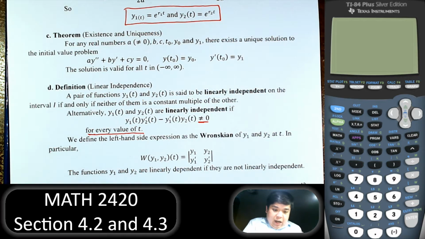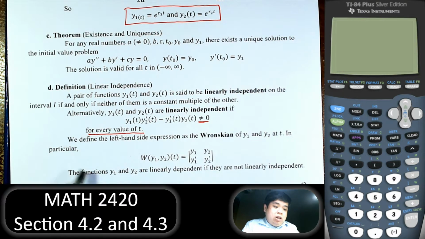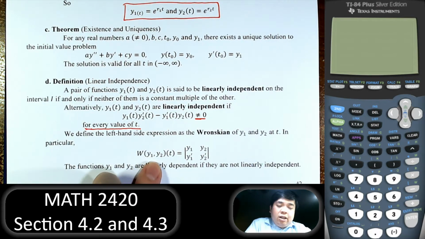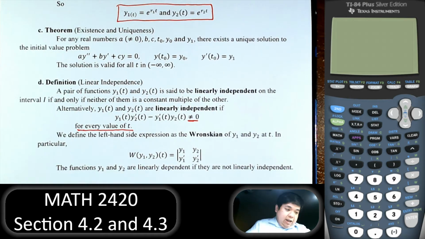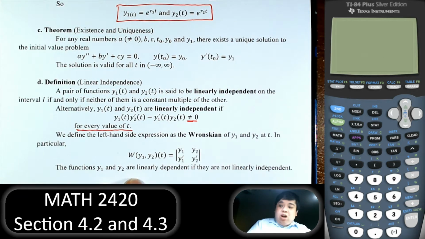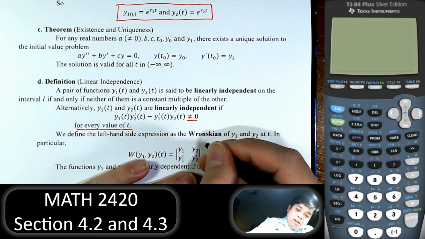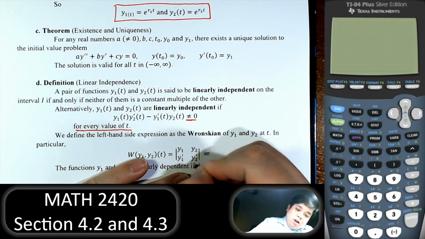The left hand side can be written as a Wronskian of y1 and y2. In particular, the Wronskian of y1 and y2 is this 2 by 2 determinant. Of course, for a 2 by 2 determinant we can just cross multiply.